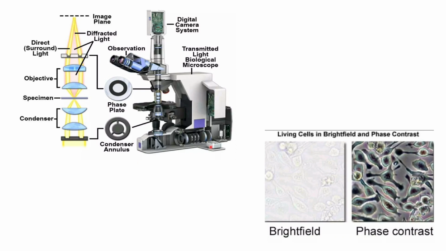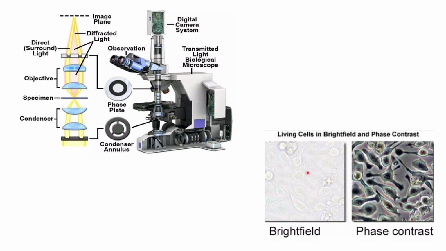So here's a representation of the phase contrast microscope. It has a phase plate, and this is the diffracted light and the surrounding light. And here's the specimen. The light that is deflected by the specimen changes in phase, and the image you see is of a different intensity based on these phase changes.